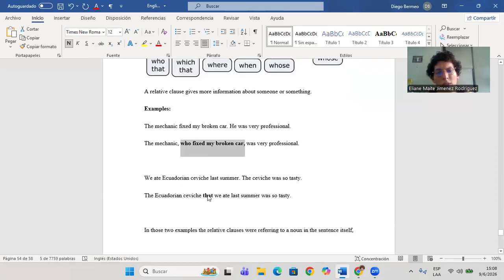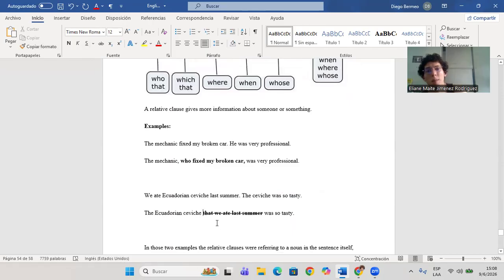Now let's check the other. The Ecuadorian ceviche that we ate last summer was so tasty. That we ate last summer. All of those words is the relative clause. We are going to do the test again. The Ecuadorian ceviche was so tasty. Does it make sense? It does make sense. But this information, is it crucial or not for the sentence, that we ate last summer?